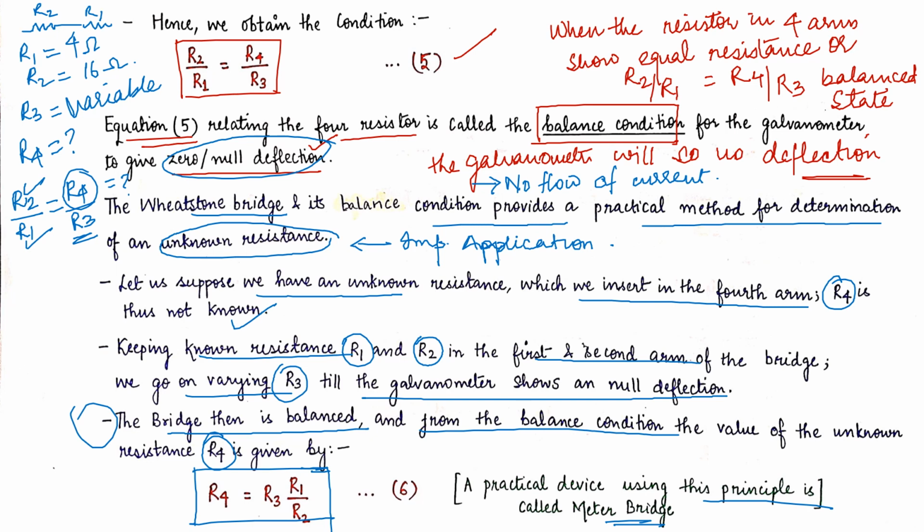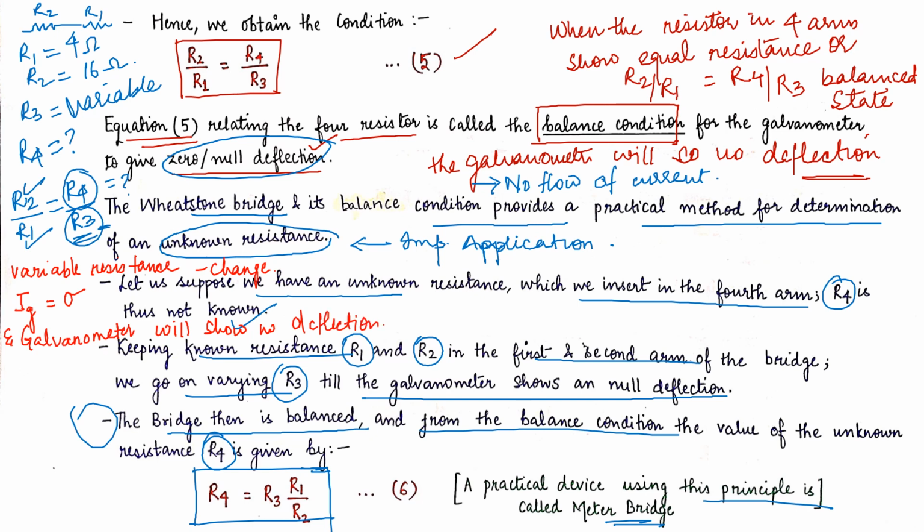I will start changing the variable resistance value, and I will keep on changing it until I get Ig equals 0, and at this particular point the galvanometer attached will show no deflection.